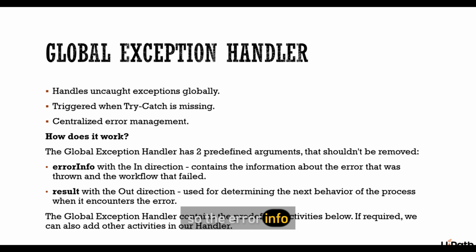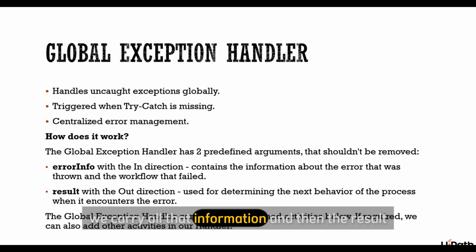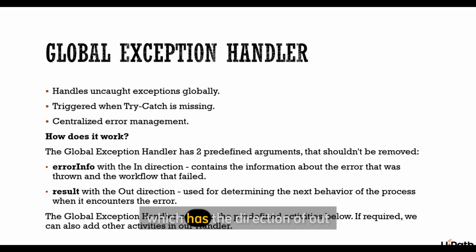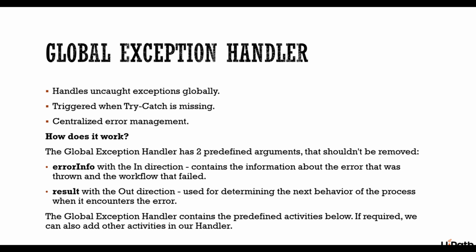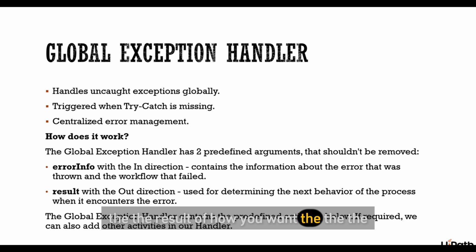And then the result, which has the direction of out. The result is how you want the bot or your process to act when it encounters an error. We'll be seeing different actions that you can take: you can abort, you can continue, you can ignore. We'll be looking at those.